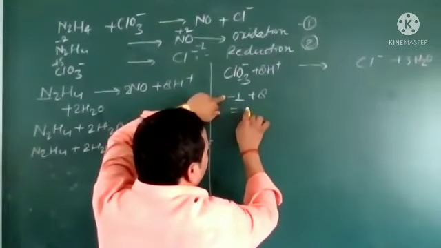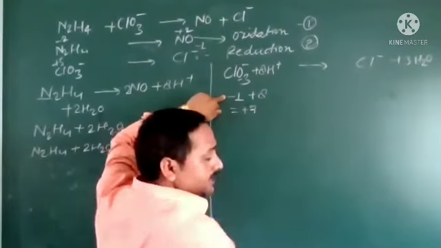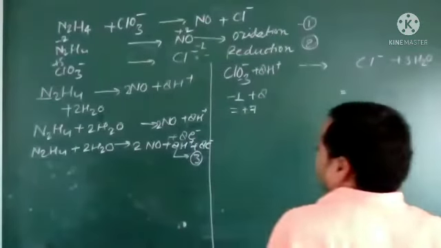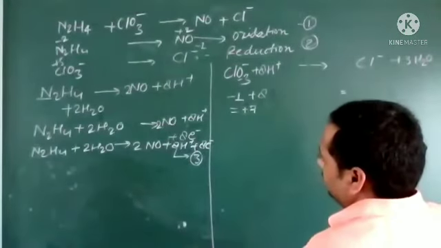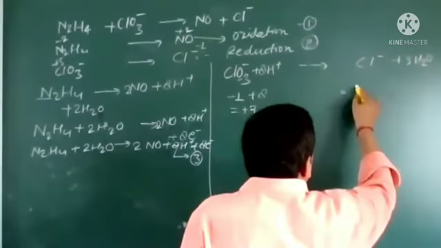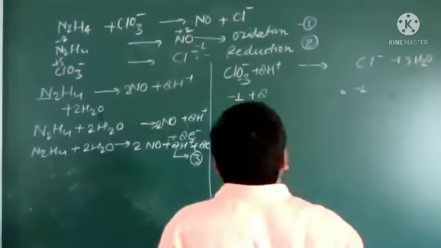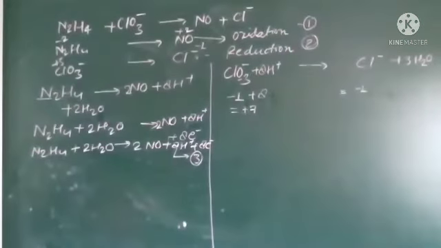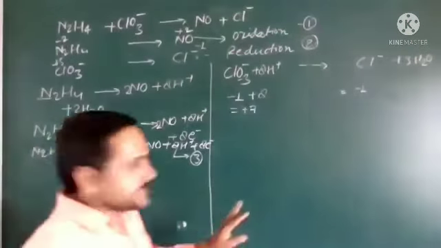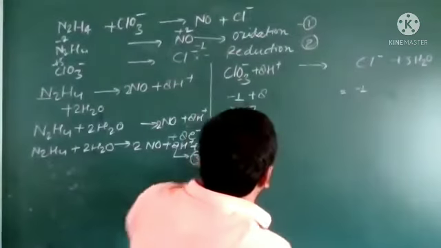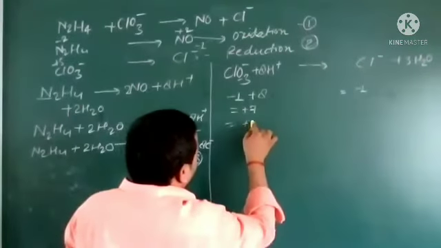So it will be 9 plus 7 on this side, and that side is minus 1. Got it? If I transfer this, the total will be 8 plus.